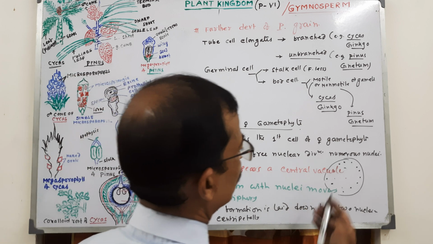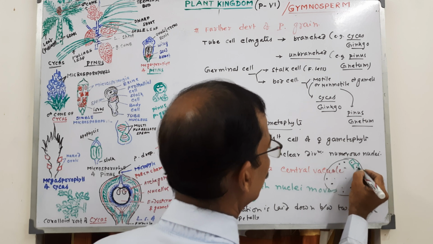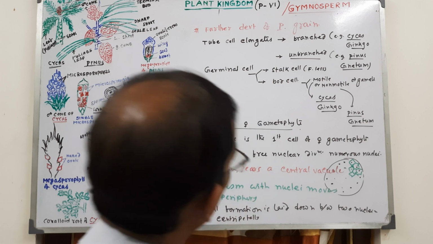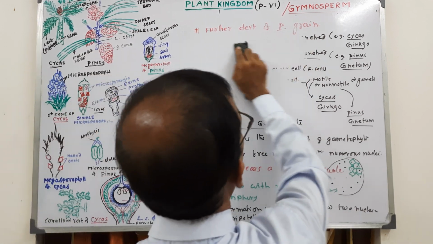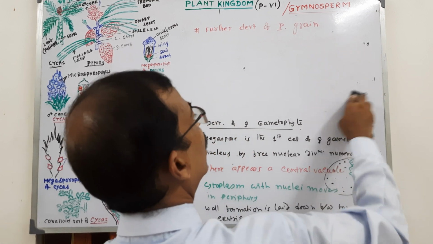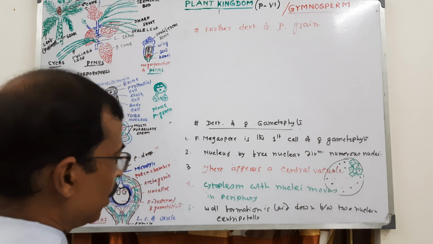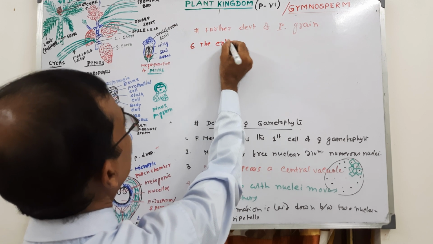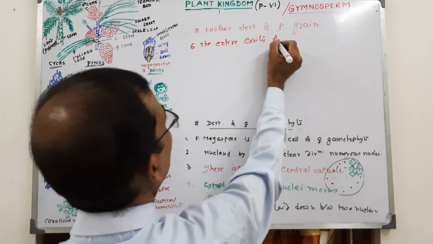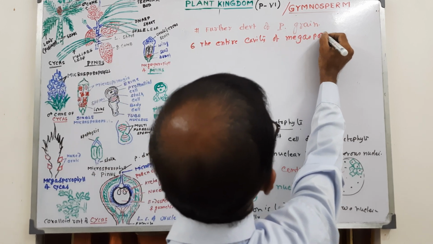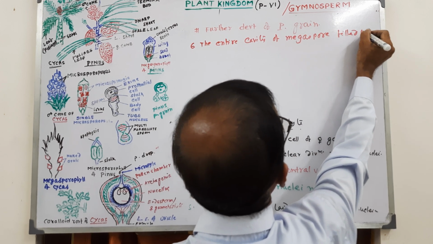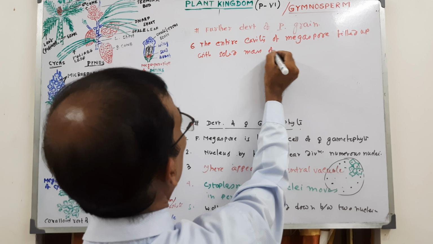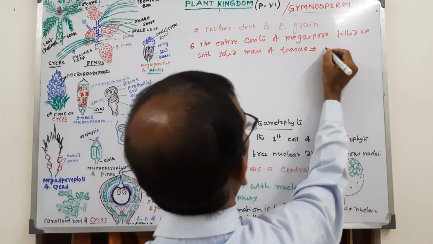Ultimately the entire cavity of the megaspore is filled up with a solid mass of tissue called endosperm.